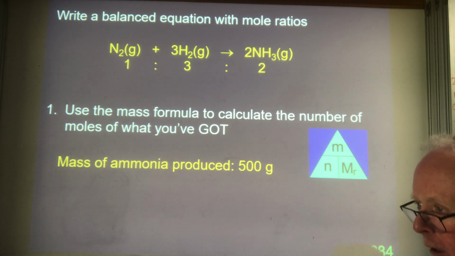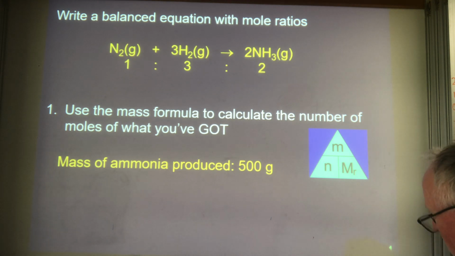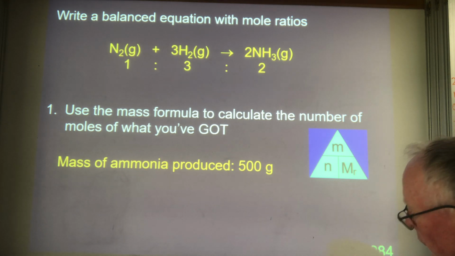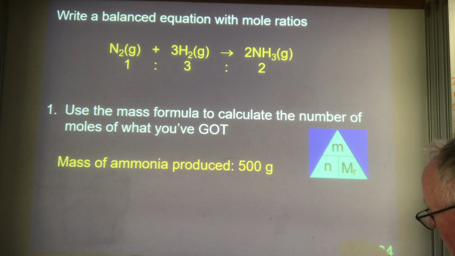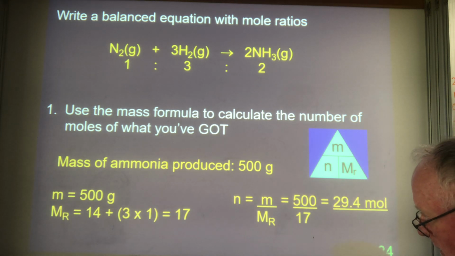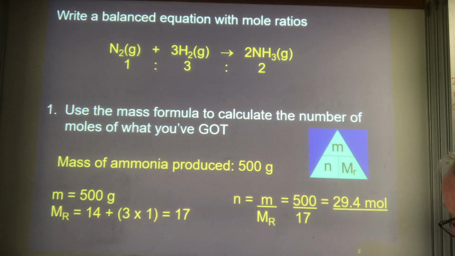We've got to be able to work out moles somehow. So you look at the question, and what does the question tell us that allows us to work out the moles? Well, clearly in this case it's the mass of ammonia. So simple use of the mass formula, n equals m over Mr, and we get our number of moles.